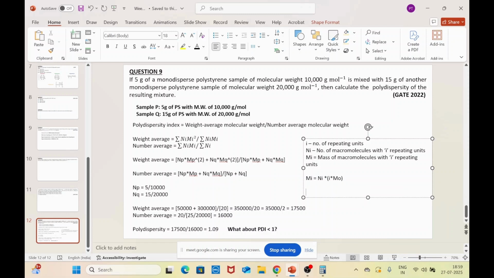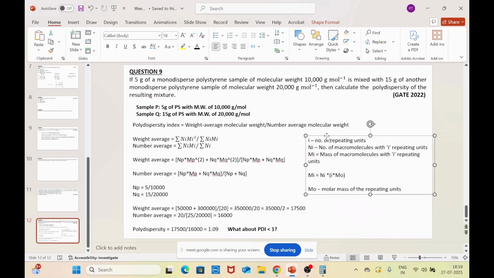M naught is the molar mass of the repeating unit. So that times the I will give the molar mass of the macromolecule with the I repeating units. That times the number of moles will give you the mass of the macromolecule with the I repeating units.